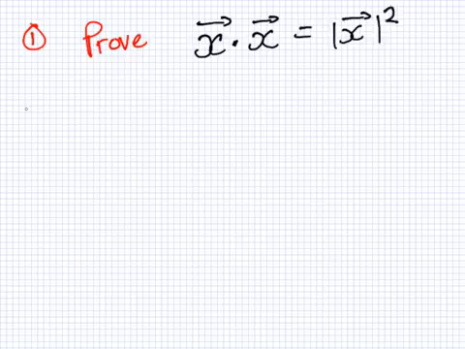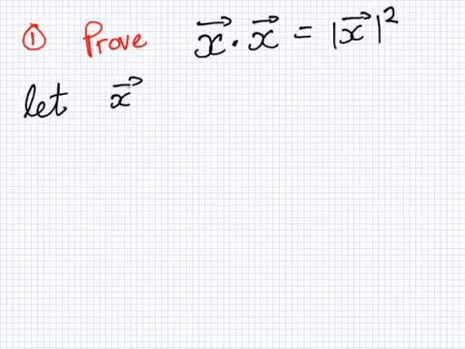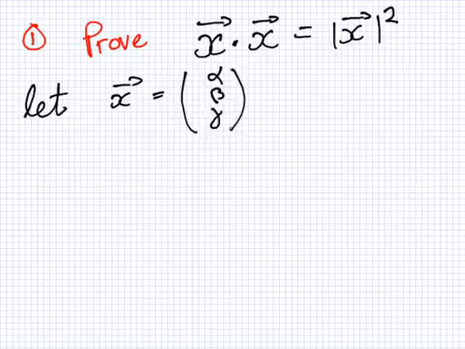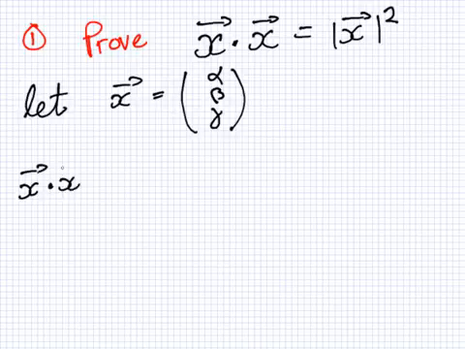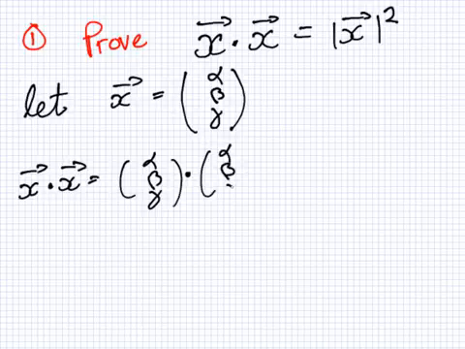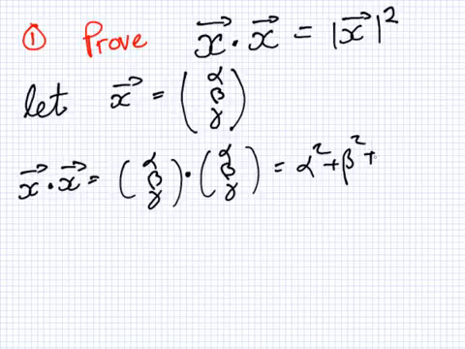So the way we can prove something like this is by saying let x be something like alpha, beta, gamma, it doesn't matter. If you start at the left, you get x dot x equals (alpha, beta, gamma) dot (alpha, beta, gamma), which equals alpha squared plus beta squared plus gamma squared.